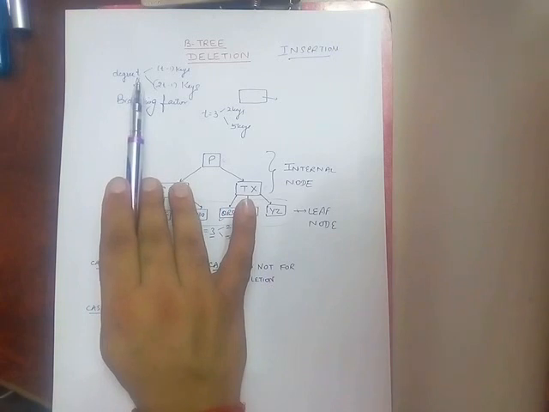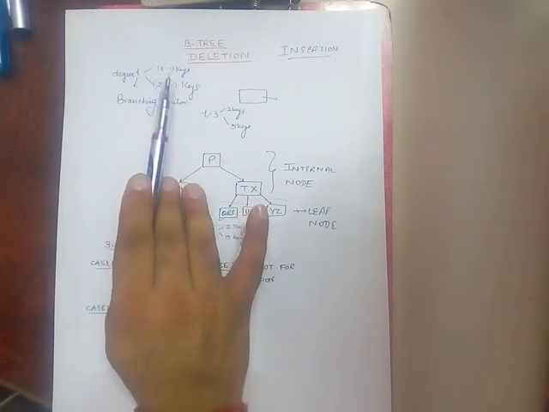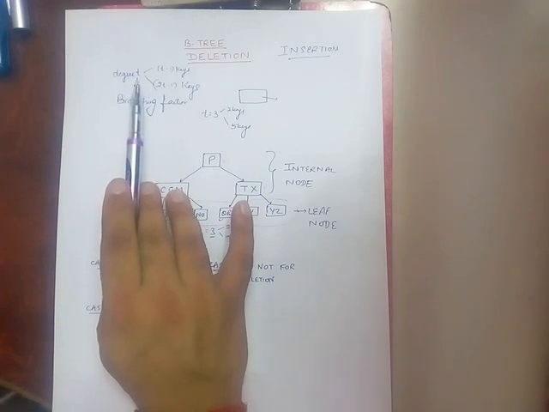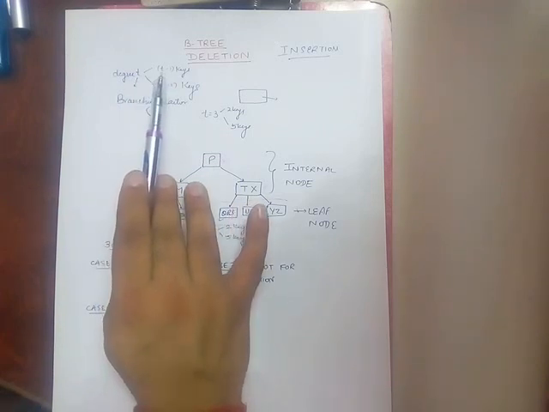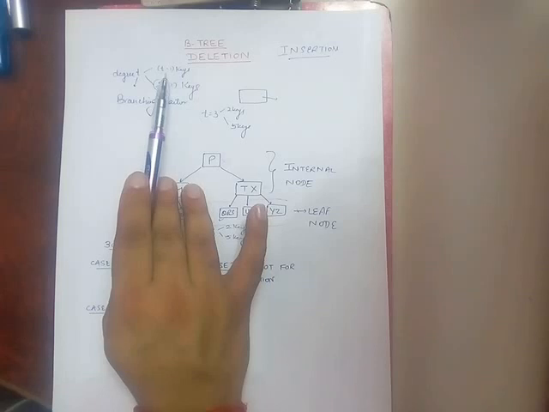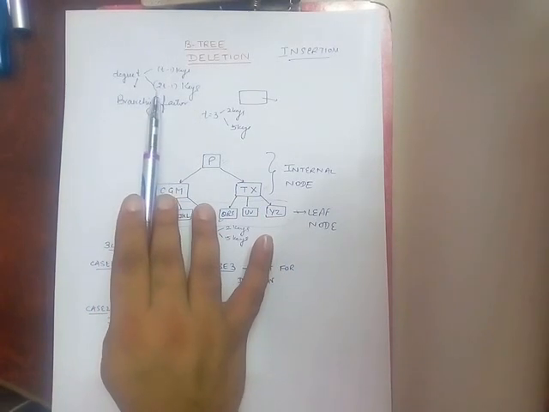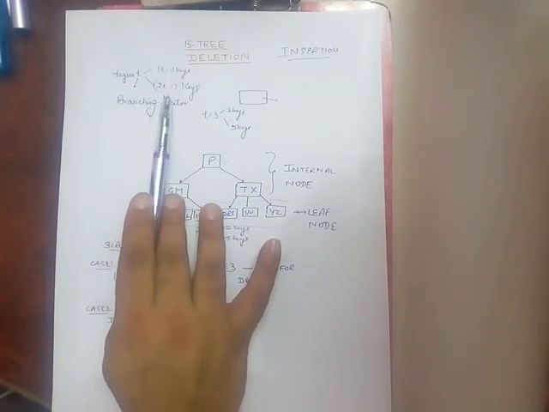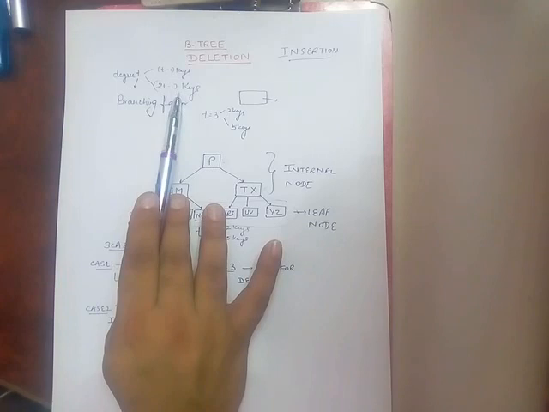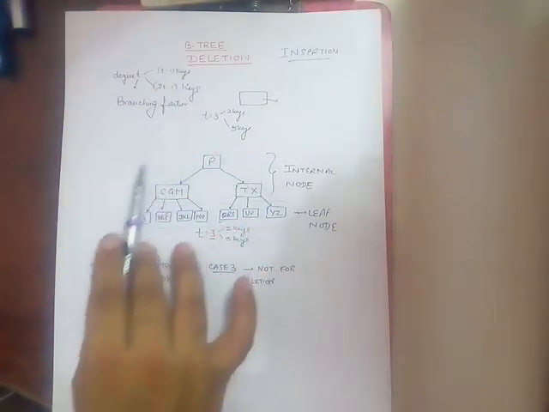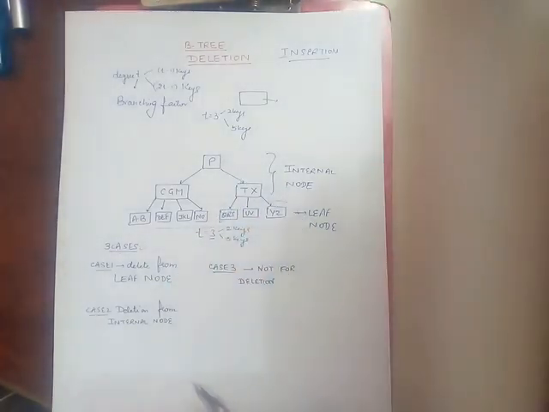The degree tells that if the degree of a given tree is T, then the minimum number of keys in any node except the root node is T minus 1, and the maximum number of keys in a node is 2T minus 1, including the root node.